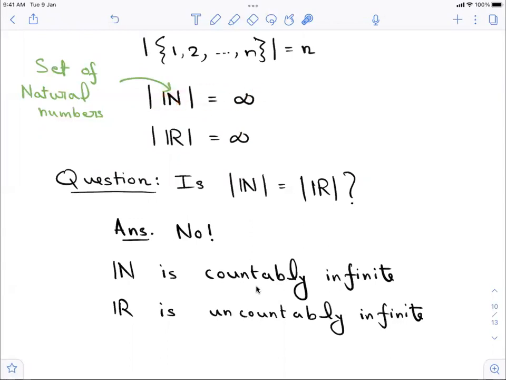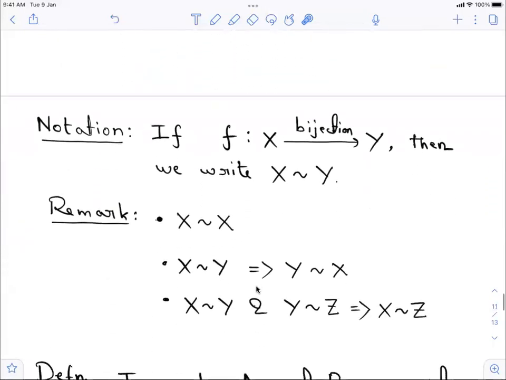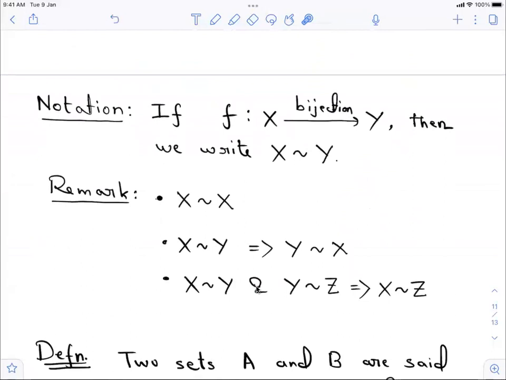This kind of infinity is called countably infinite. To make sense of this, we quickly review bijection maps. Suppose you have a bijection from X to Y, then we use the symbol X is similar to Y. A bijection from X to Y tells you that X and Y have the same cardinality.